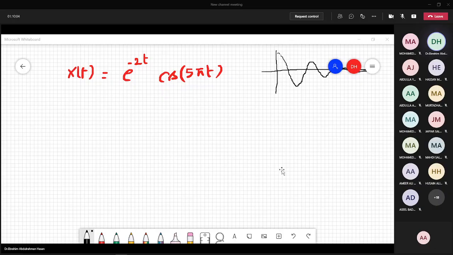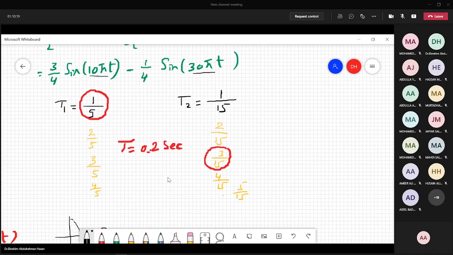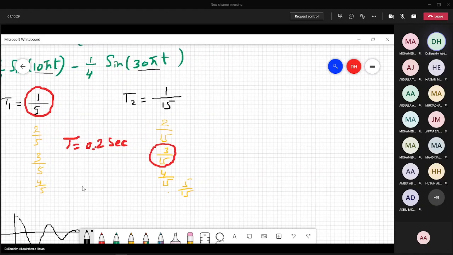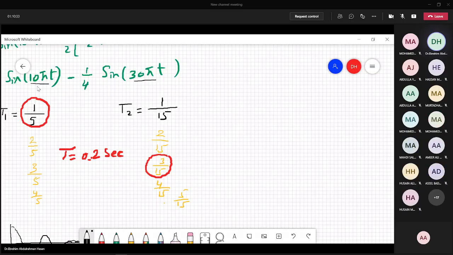What about discrete? But before discrete, is there another way to find the period T instead of doing it like this? Yes, especially if we have, for example, 10 pi, then 20 pi, then 7 pi, like this.